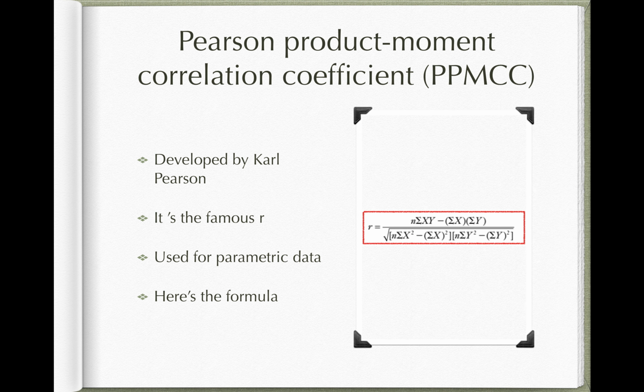As you see, the formula seems a little bit complicated, but the only thing I want you to understand from this formula is that the Pearson product moment correlation coefficient uses the distances between the actual scores and not the distances between the ranks, because in this type of correlation coefficient you are using the actual scores and not the ranks, as Spearman does, as you will see in the next slides.